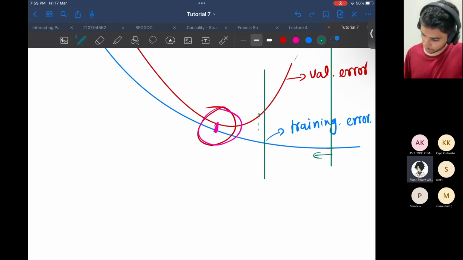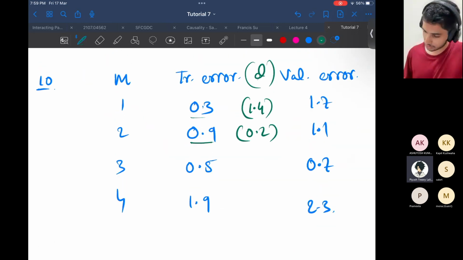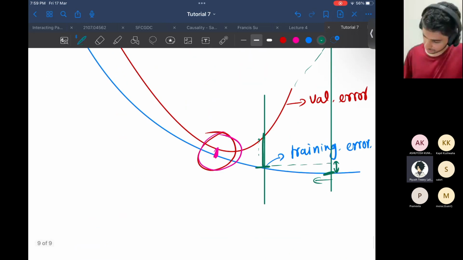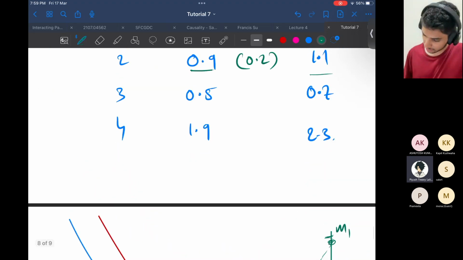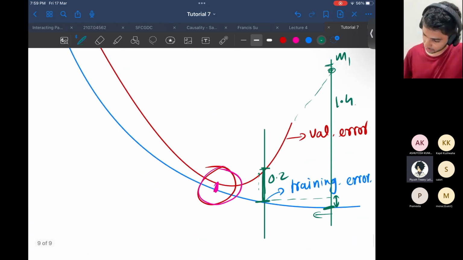I hope you will agree that the training error is a bit higher, so there is some difference here. The validation error is something, but this difference is what we are seeing, 0.2. The earlier error was 1.4, right? So this is M2.